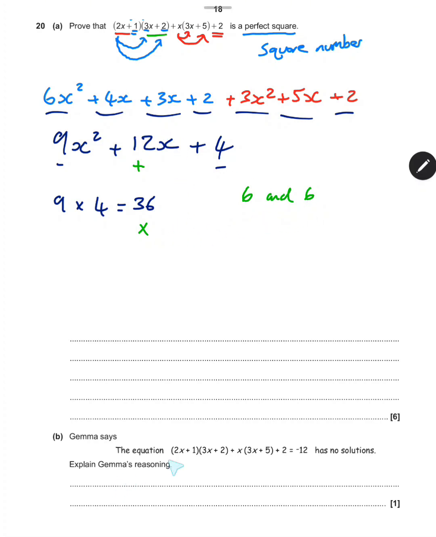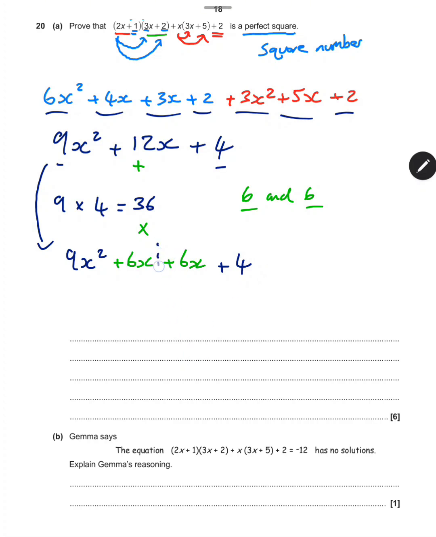So these are my two numbers that I'm interested in. And what I'm going to do is just use these and rewrite this quadratic. I've got 9x squared. Rather than plus 12x, I'm going to write plus 6x plus 6x, just using these two numbers. And then the plus 4 still comes down.